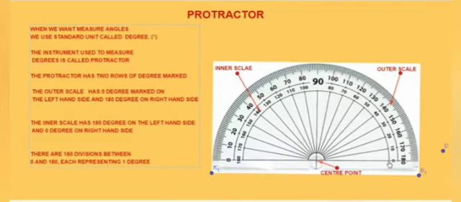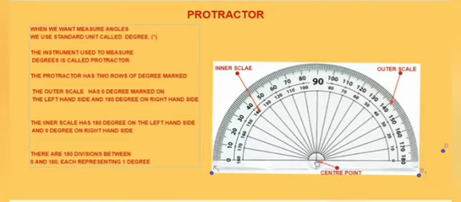But the inner scale has 180 degree on the left hand side and 0 degree on the right hand side. There are 180 divisions between 0 and 180, each representing 1 degree, that is 0, 1, 2, 3, 4, 5, 6 up to 180 degrees.